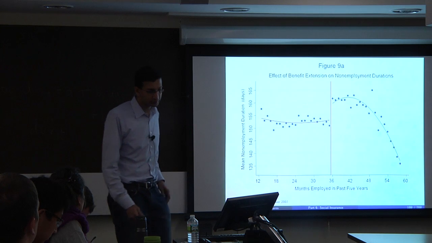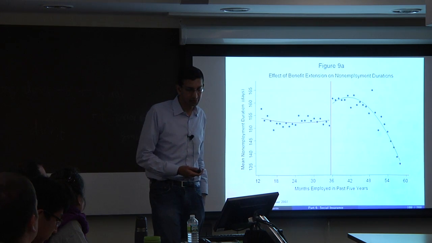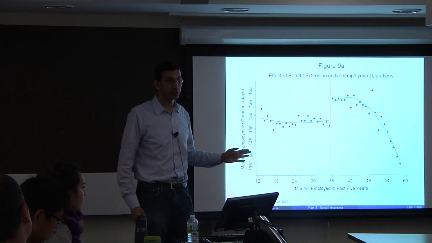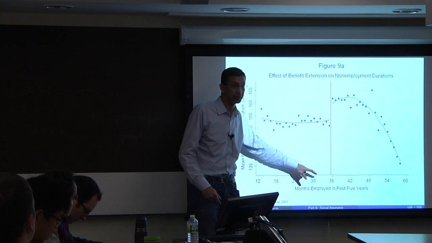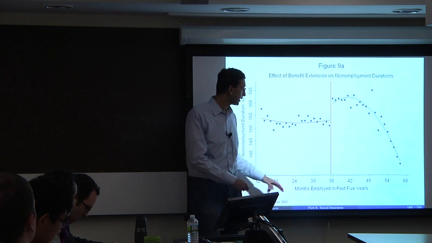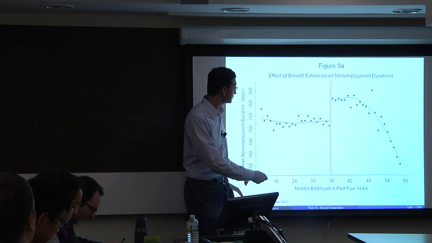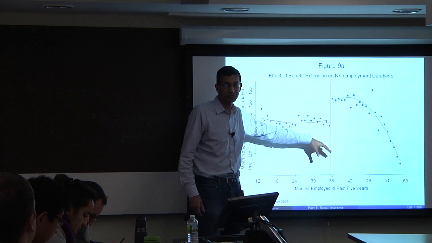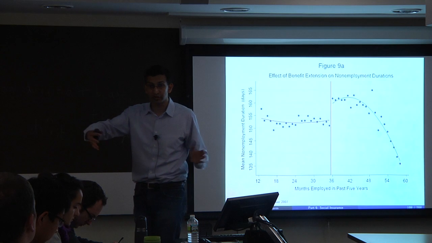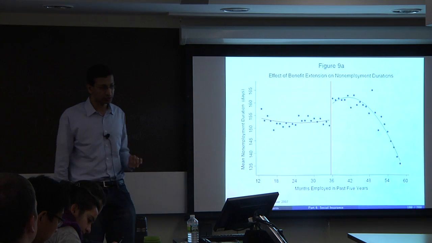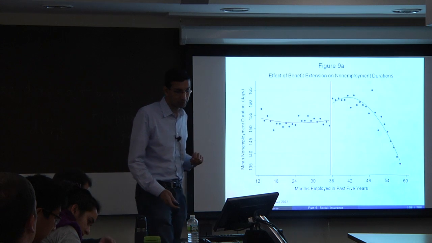Let me show you one other set of graphs that makes an analogous point. There's another discontinuity in the Austrian system, which is a function of how many months you were employed in the past 5 years. The guys on the right side of this line get 30 weeks of unemployment benefits, and the guys on the left get 20 weeks. So this is a discontinuity in the duration of unemployment benefits, which we also study in that paper with Card and Weber.